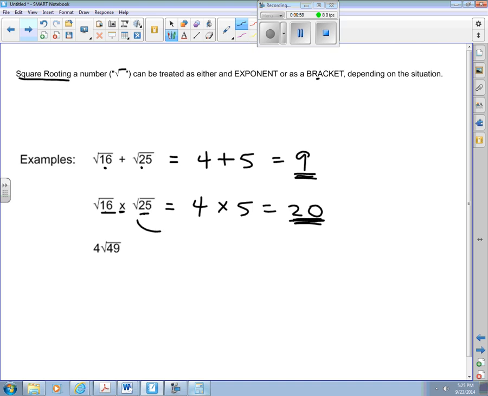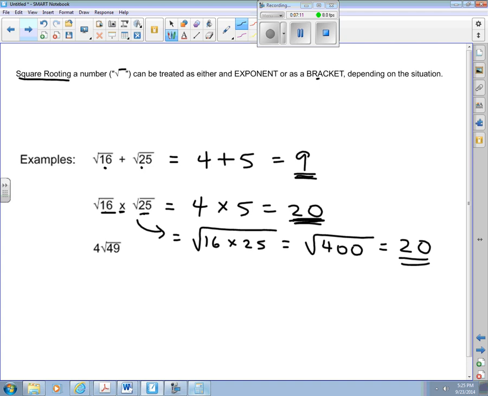Please notice this one, if I actually did multiply 16 by 25, I get 400. And if I square root 400, I get 20. Interesting. This one, the order mattered. If I tried to add these numbers together and then square root, I wouldn't get my correct answer. But on this one, order didn't matter. I could either square root first or multiply first.